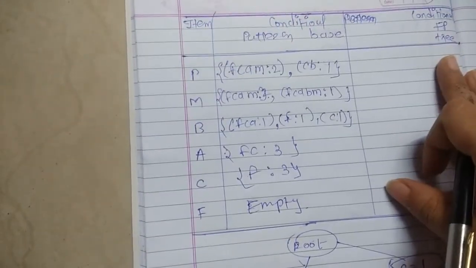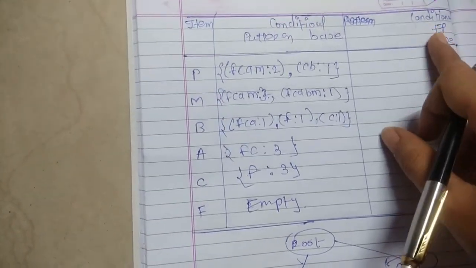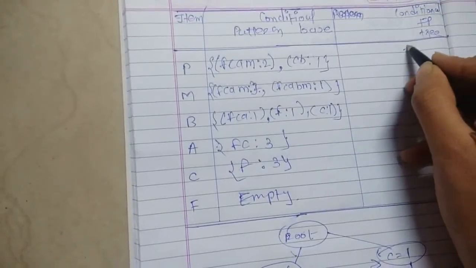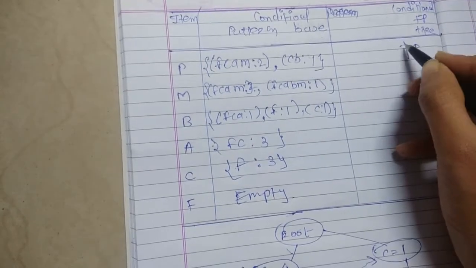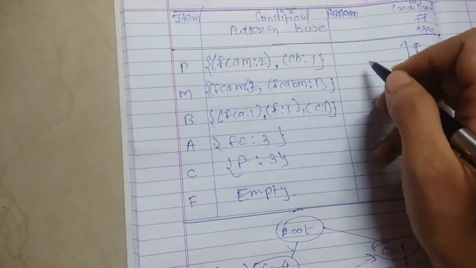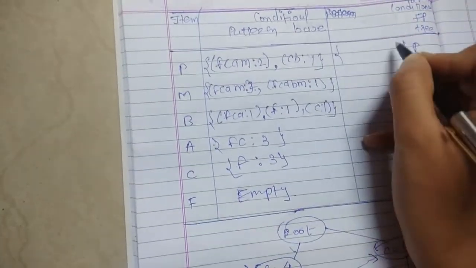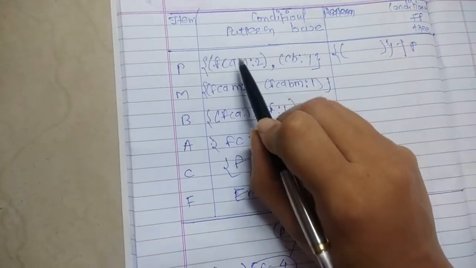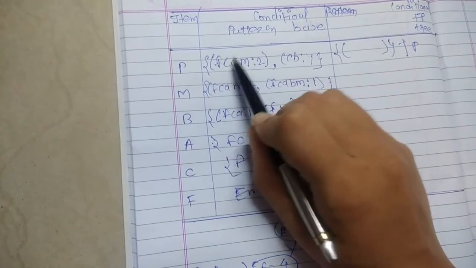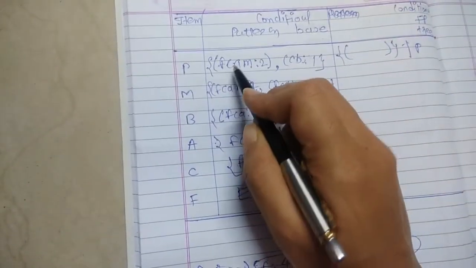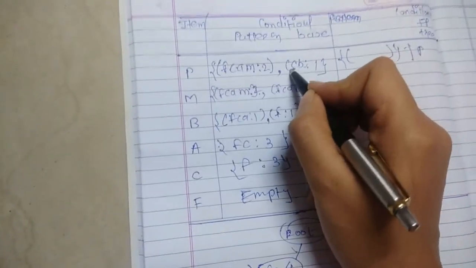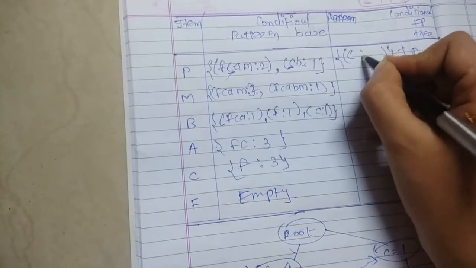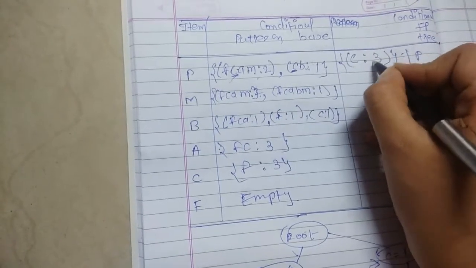But for mining the FP tree, we need to create the conditional FP tree. Here we are creating the conditional FP tree for P, so we write P here, and then in curly braces we write which item is repeated in all these roots. Only C is repeated here, so I write C, and the support is 2 plus 1, 3.